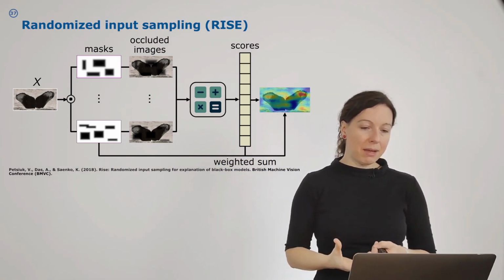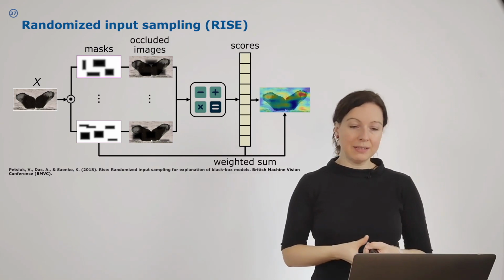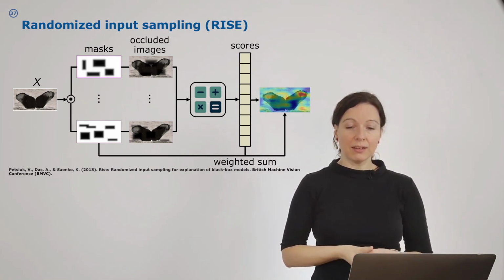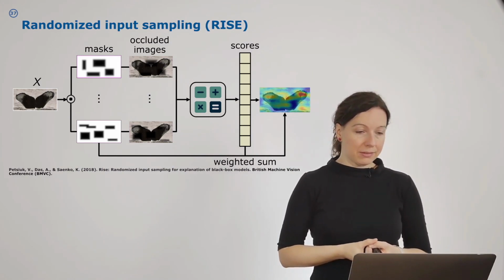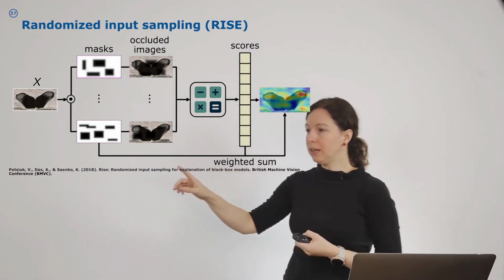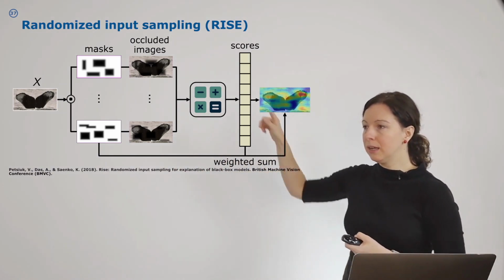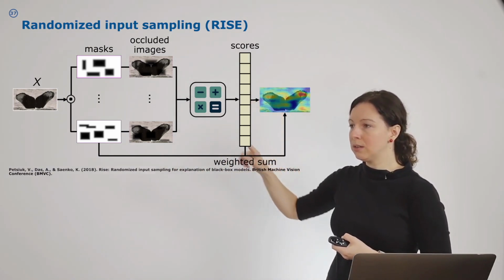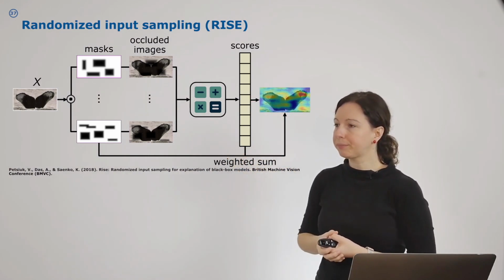the saliency map is a linear combination of the masks where the weights come from the score of the target class corresponding to the respective mask inputs. So this is illustrated here. This is a weighted sum, so it's a linear combination. Here illustrated are the scores, and this is a black box machine learning model.